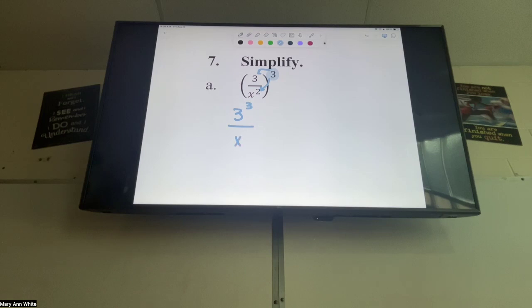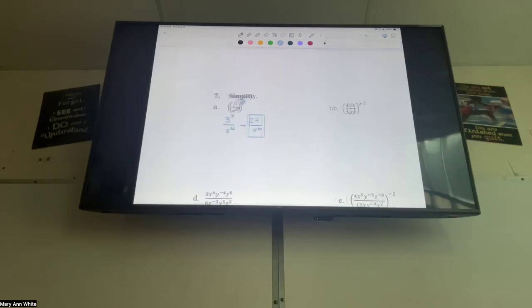So that's going to be x to the 6th. Now, if you're good enough and you already know what 3 to the 3rd is, you don't have to write it down like that. You can go directly to 27 over x to the 6th. But sometimes I get lost and I want to make sure that I have all my pieces. So I did that in between step. I cannot simplify 27 over x to the 6th anymore. So that's my best answer. Okay. Let's jump over to letter B.